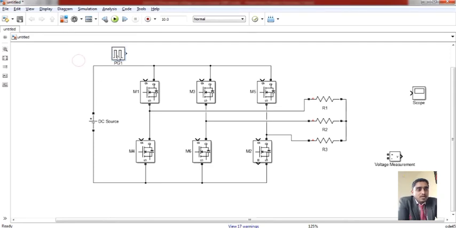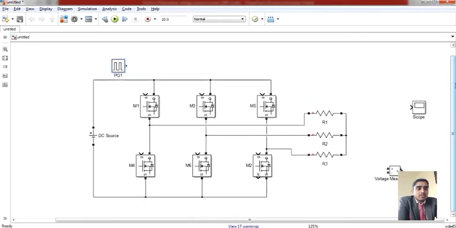And as we know, I will set the MOSFET parameters. We know our Indian frequency is 50 Hz, and to measure the voltage between R1 and R2 we will require two measurement sources.